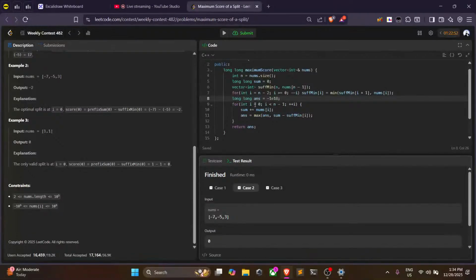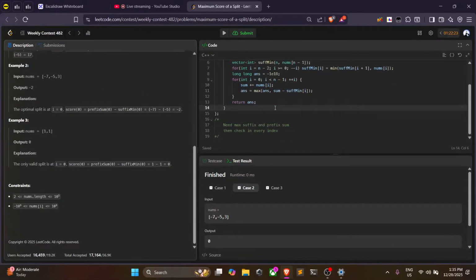One second, I have updated this. This thing is working fine. Sum is this thing minus this. Why is it coming as this?